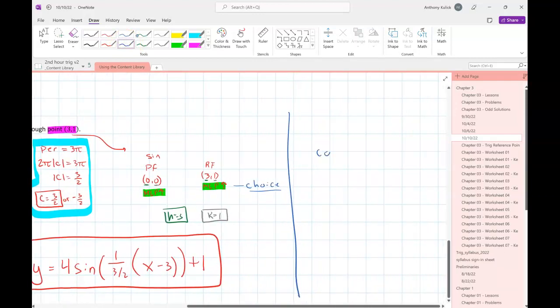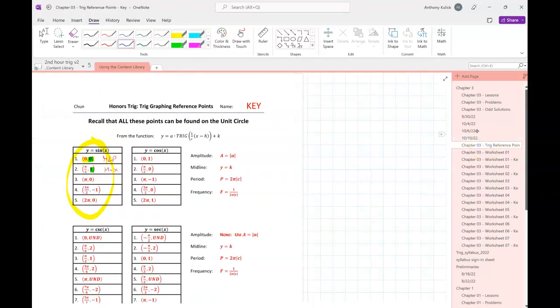So if we had done cosine, I would have to choose a point from the cosine parent function. Probably the obvious choice would be 0, 1, which is a maximum.